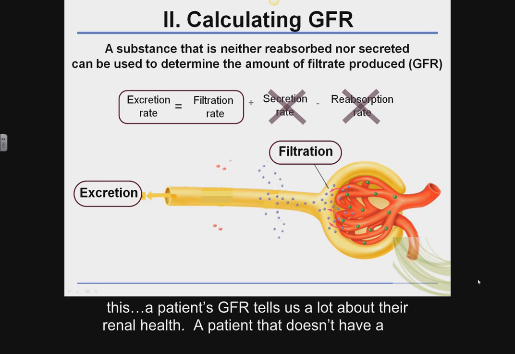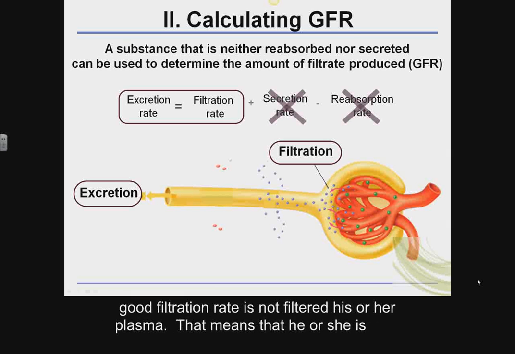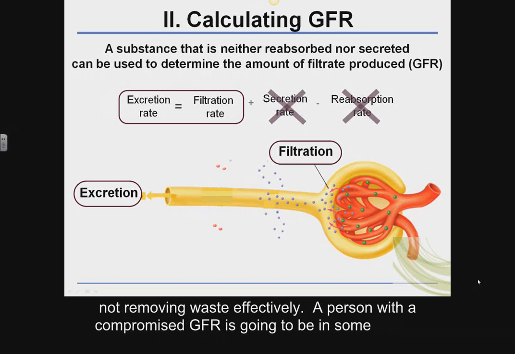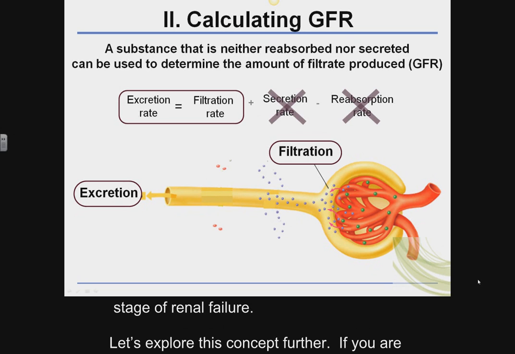Again, to reiterate this, a patient's GFR tells us a lot about their renal health, and that's the focus of this chapter. A patient that doesn't have a good filtration rate is not filtering his or her plasma. That means he or she is not removing wastes effectively. A person with a compromised GFR is going to be in some stage of renal failure.